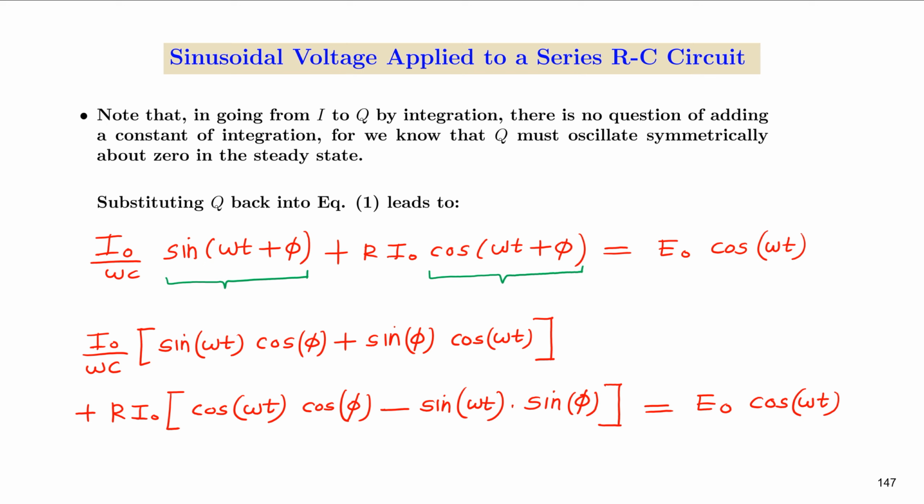In the next step, we have to rearrange the terms in the left hand side of the equation in terms of sine omega t and cos omega t, and then we will set the coefficients of sine omega t and cos omega t separately equal to 0.